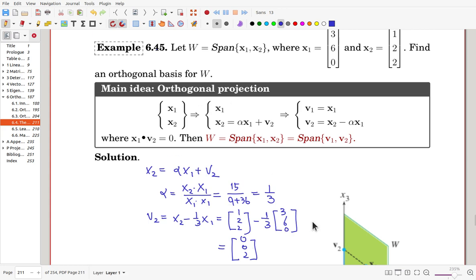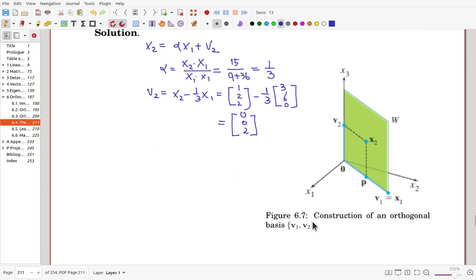Pictorially, we can explain that process in this way. x1 is this one, and x2 is this vector. And the span of these two vectors will make a plane in R3. Now, rather than using x2, we project it onto x1, the subspace of x1, and then try to get the normal component.